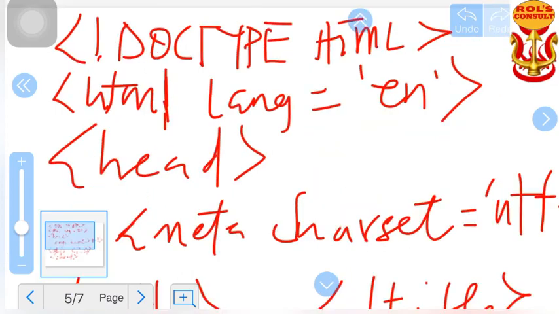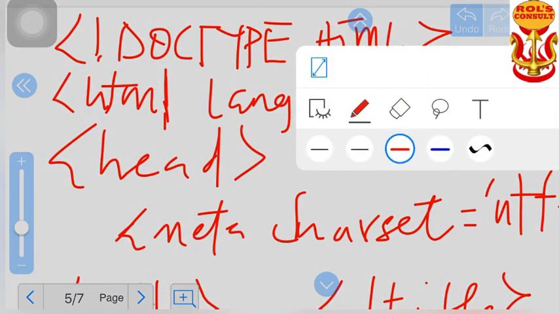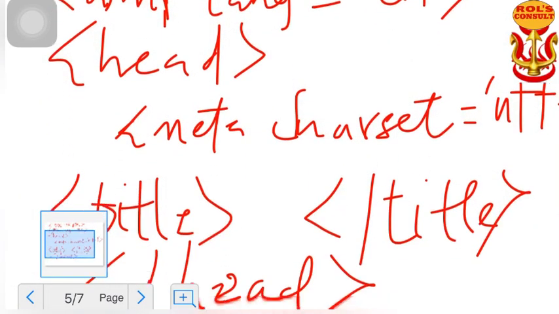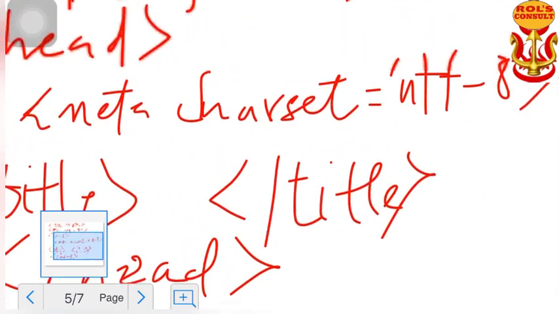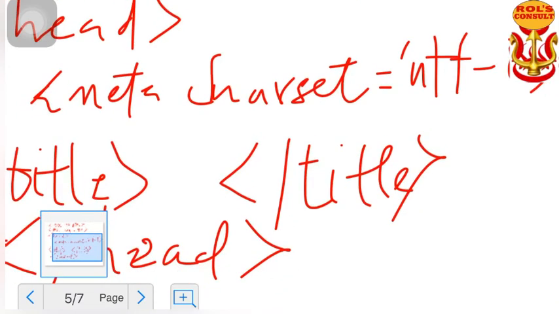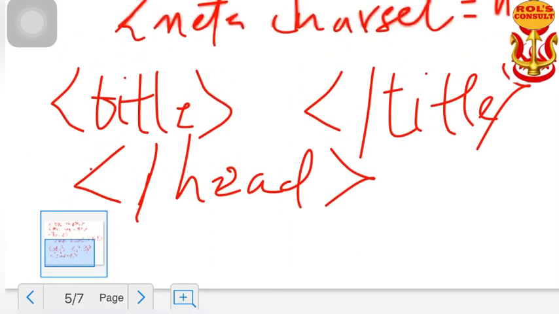Okay, so we have our Doctype HTML. We have HTML language, then we have our head. We have our meta charset. In this case, we set it to UTF-8. Then we have our title, where the title of the page will be, and this will be displayed inside our web browser's title bar.